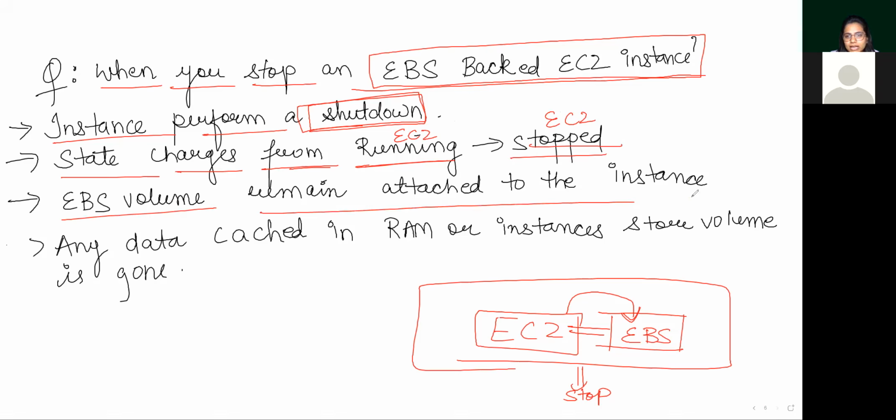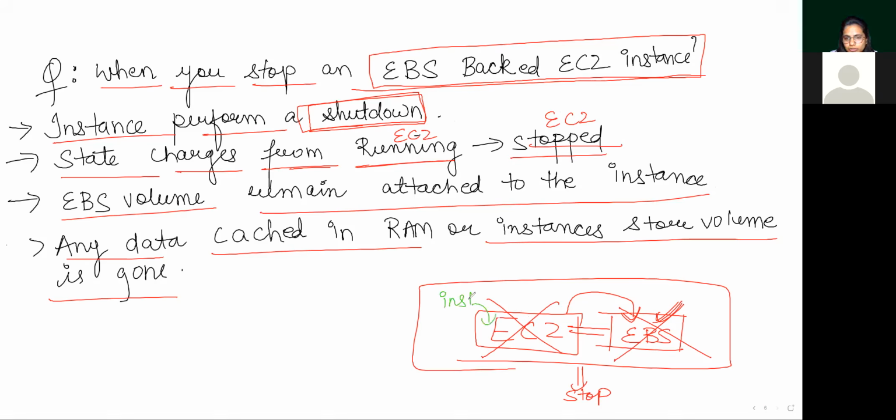The EBS volume remains attached to the instance. You have to always remember, if this is getting shut down, that doesn't mean this is also getting shut down. You have to go and specifically cut it off. Any data cached in RAM or instance store volume is gone. I told you with this EC2, there is an instance storage.